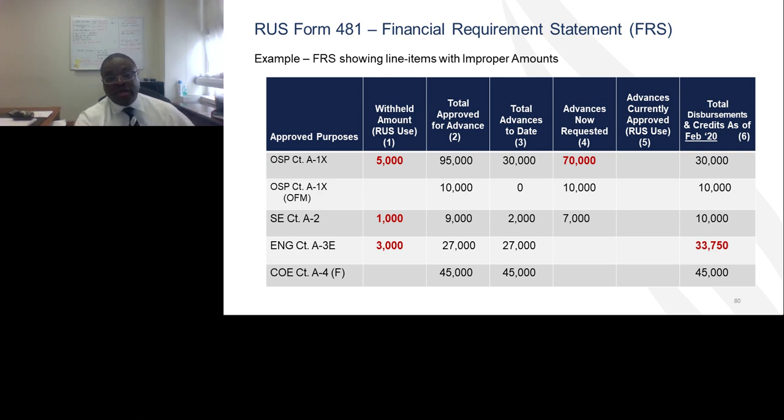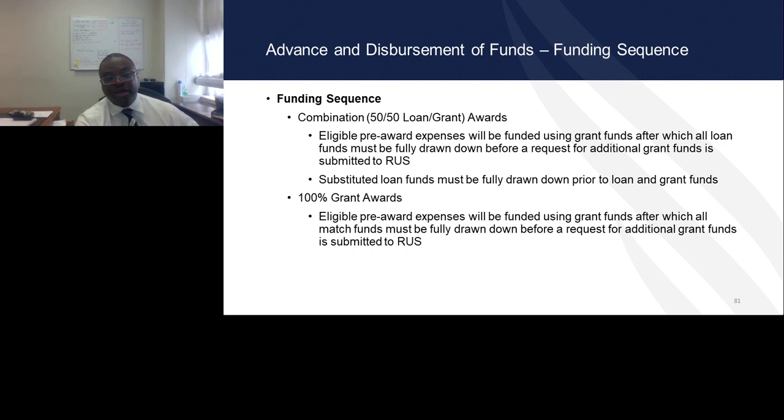Funding sequence. We addressed this a little bit earlier, and I believe our accounting department group mentioned this yesterday also. So for 50-50, where we have 50% loans, 50% grant funds, with the exception of pre-award expenses, all loan funds have to be fully drawn down before grant funds can be advanced.